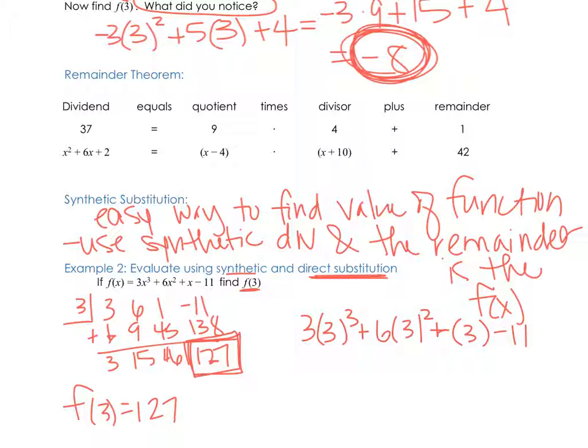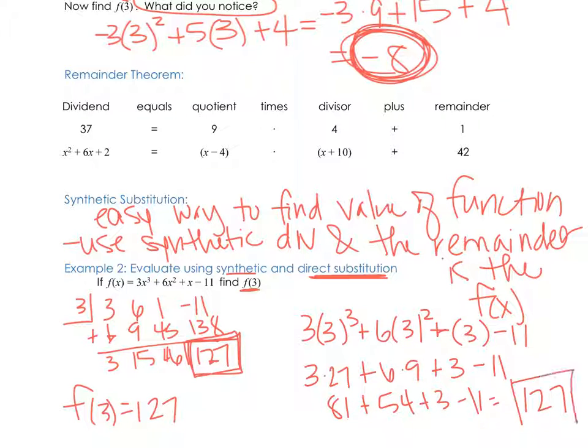So 3 times 3 cubed, 3 cubed is 27, plus 6 times 3 squared, which is 9, plus 3 minus 11. So 81 plus 54 plus 3 minus 11, and that does indeed give us the same answer of 127. So the remainder from synthetic division is the equivalent of substituting that divisor into the function.